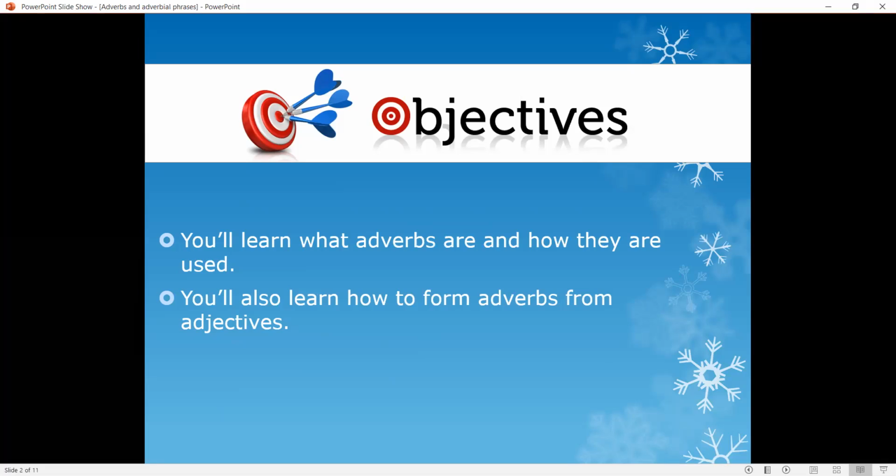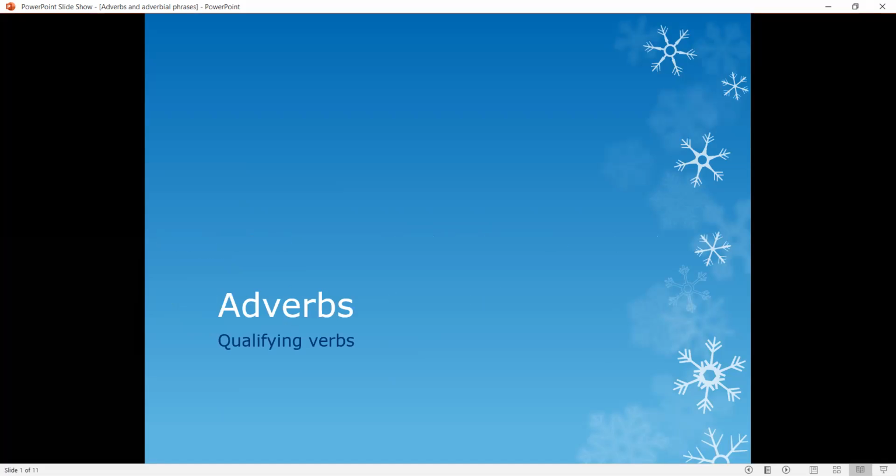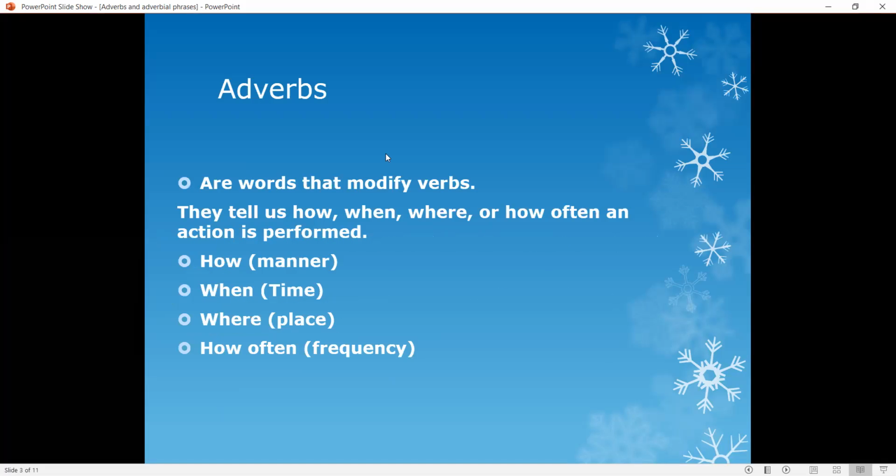How they are used: they are used after the verb. Except for one thing, only adverbs of frequency are not used after the verb. They are usually used before the verb.